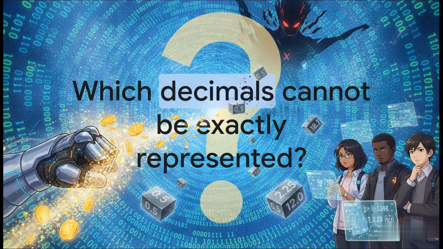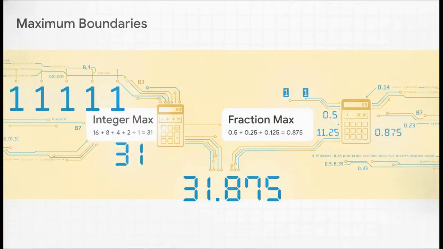We're going to be shown what look like totally normal decimals, and we have to deduce which are true and which are fake illusions. Now, to break an illusion, you first need to know the absolute limits of your reality, right? Let's build up our power level and calculate the max boundaries of this system. Over on the 5 integer bits, if we max them out and turn them all to 1s, we get 16 plus 8 plus 4 plus 2 plus 1.